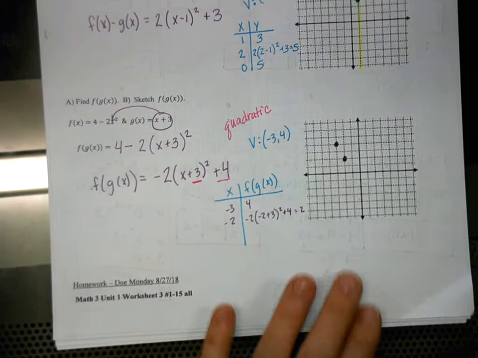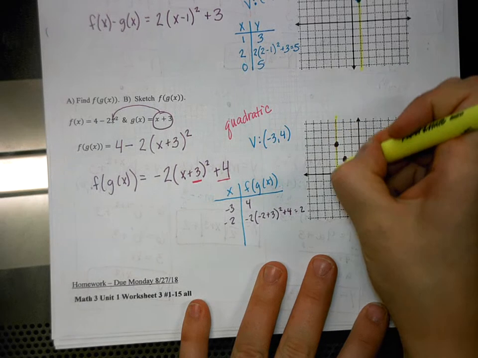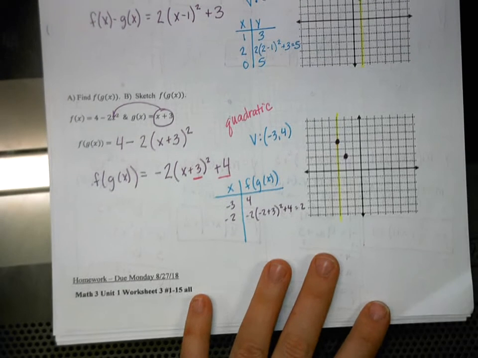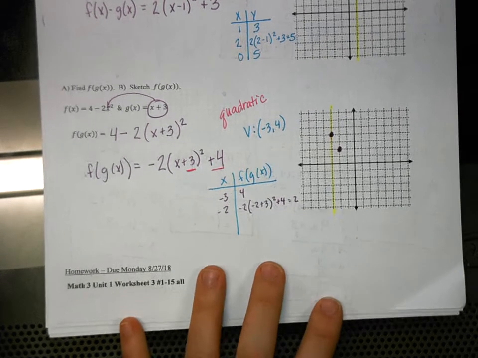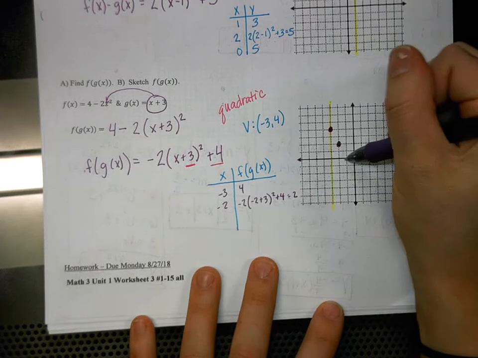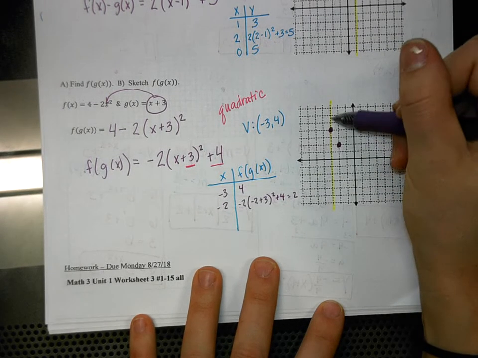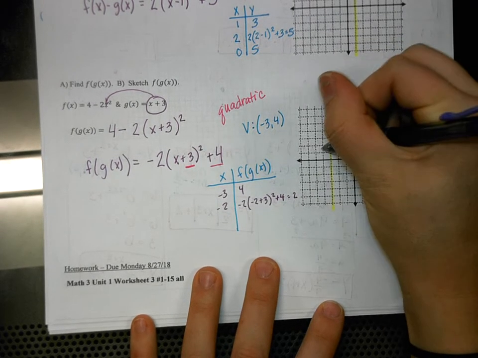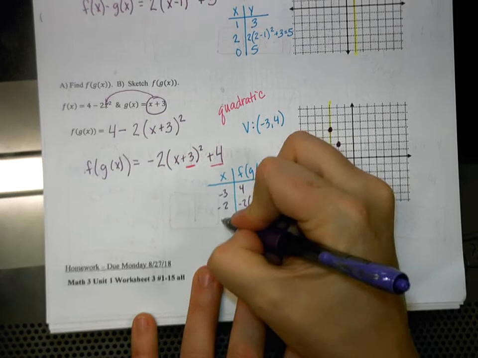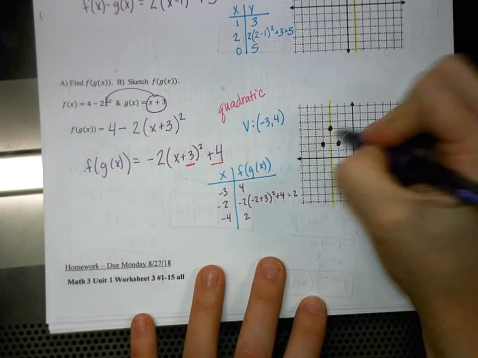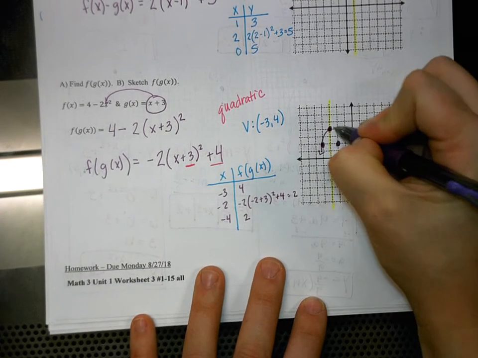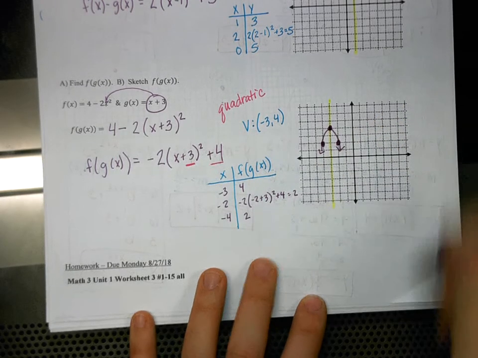My axis of symmetry gives me another point where? Negative 4, 2. That's it. Good job. Okay, your homework is on the board.